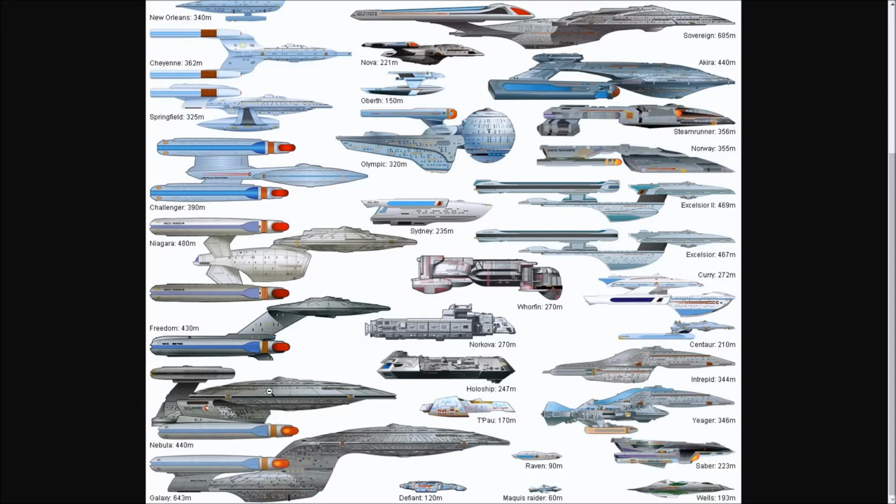But I have to say that because of its modular nature and similar internal volume to the Galaxy class, it definitely is a comparable starship, and because of its versatility, I'd have to give it a slight edge over the Galaxy class. And by slight, I mean it's extremely slight.